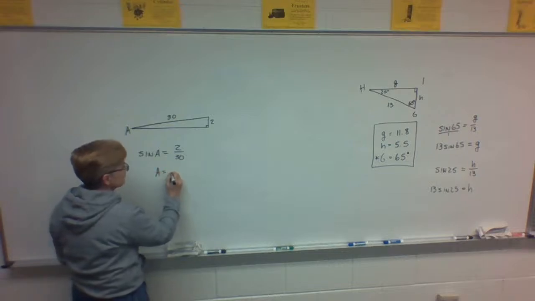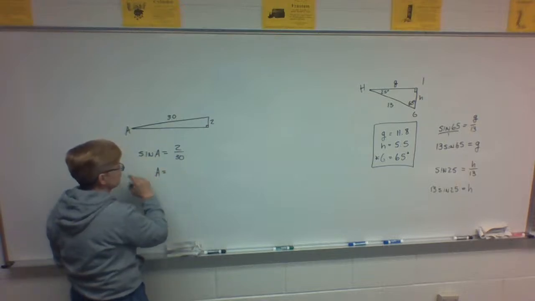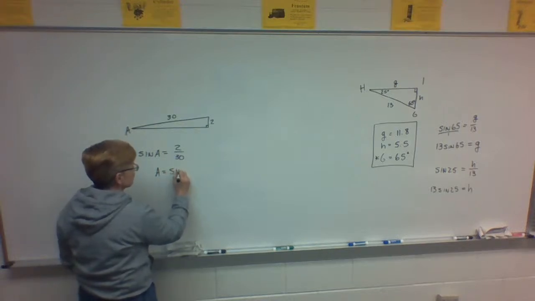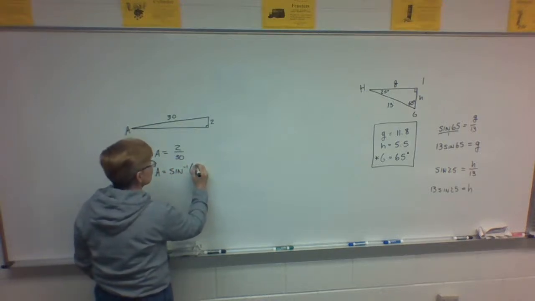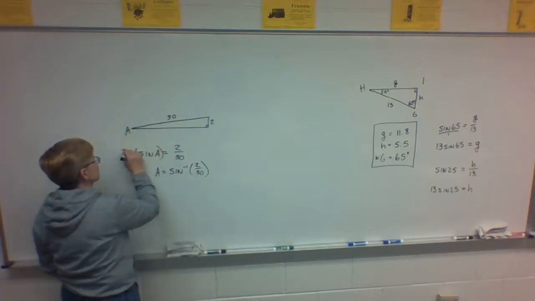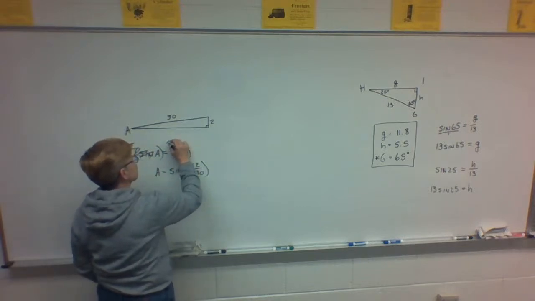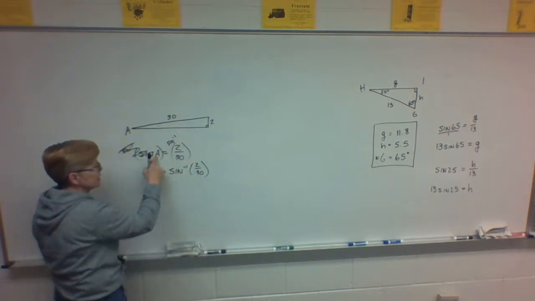Well, this is opposite over hypotenuse, which is 2 over 30. You don't cross multiply anything. We're trying to get at that A, which means we've got to peel that sine off. Inverse sine of 2 over 30. We want to inverse sine both sides. We inverse sine this side, that wipes that out. Inverse sine this side, that's the calculation we've got to make because we're trying to isolate that angle A.